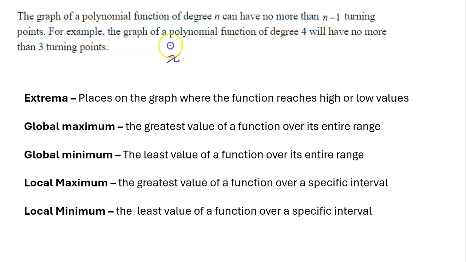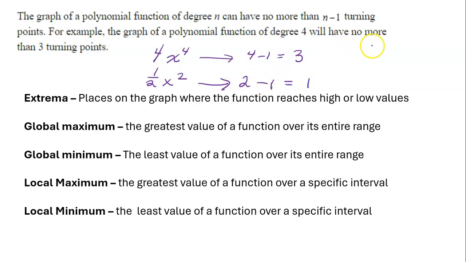For example, if I have 4x to the 4th, that's the degree of my polynomial, I can only have a maximum of 3 turning points. If I have 1/2 x squared, I can only have a max of 1 turning point. So these are my max possible. It doesn't mean you will have 3. It means that's the max you could have.